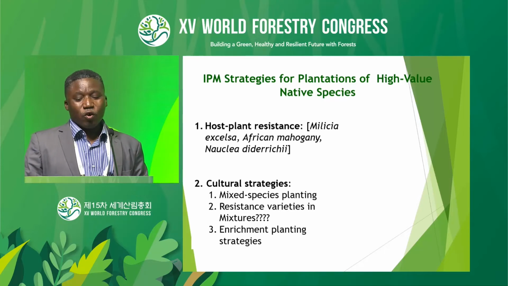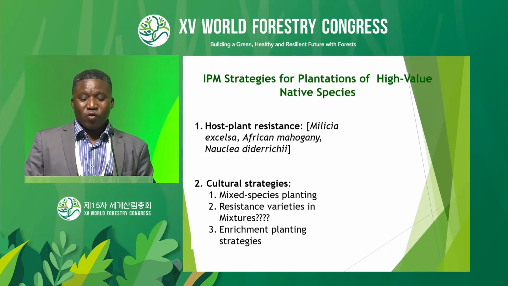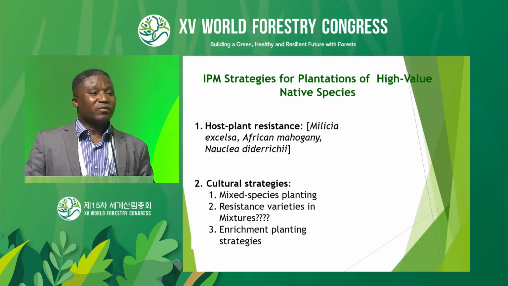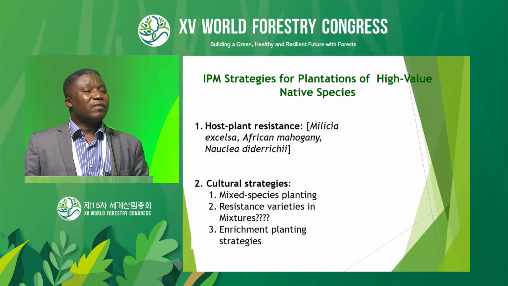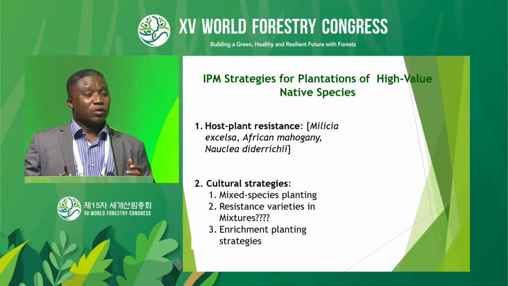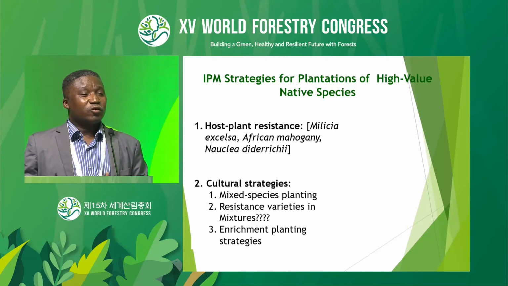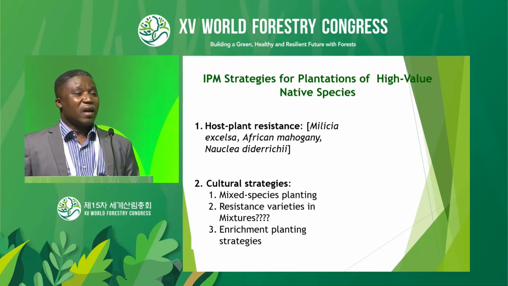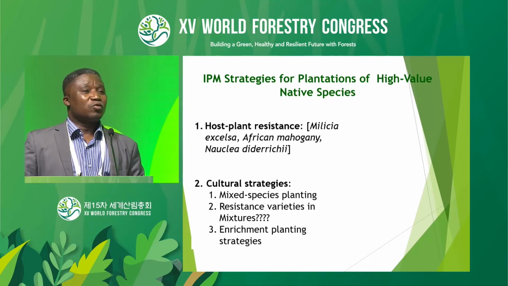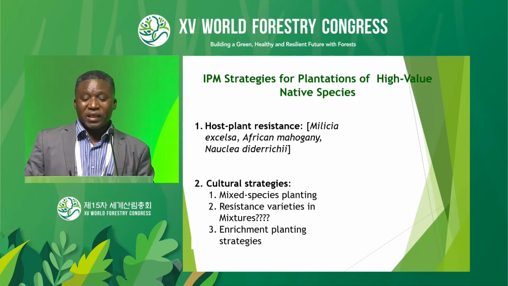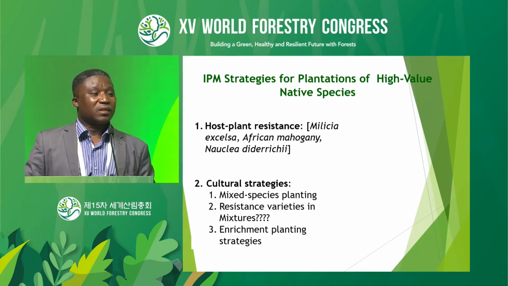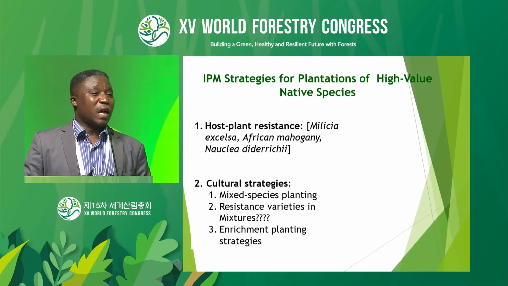The first one is host resistance breeding. As you can see, we have done host selection of resistant individuals from across the range. And I mean across West Africa, all the countries that have the tree, Milicia, and all the way to Central Africa, even to East Africa, where we have Milicia in Tanzania, so that we can develop, select, and identify resistant genotypes for planting.